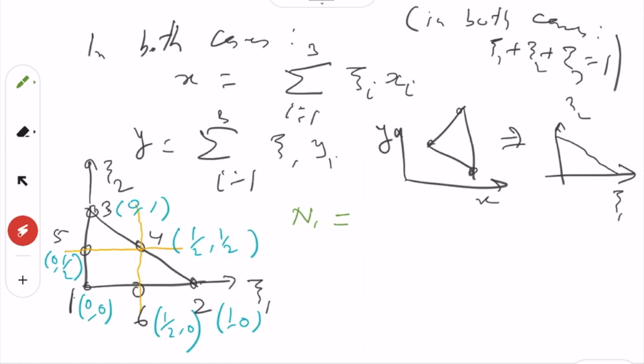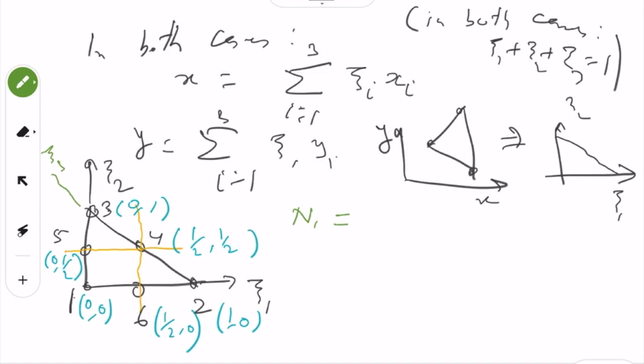Or we can think in terms of xi3 equal to 1. So you can also write this equation as xi3 equal to 0.